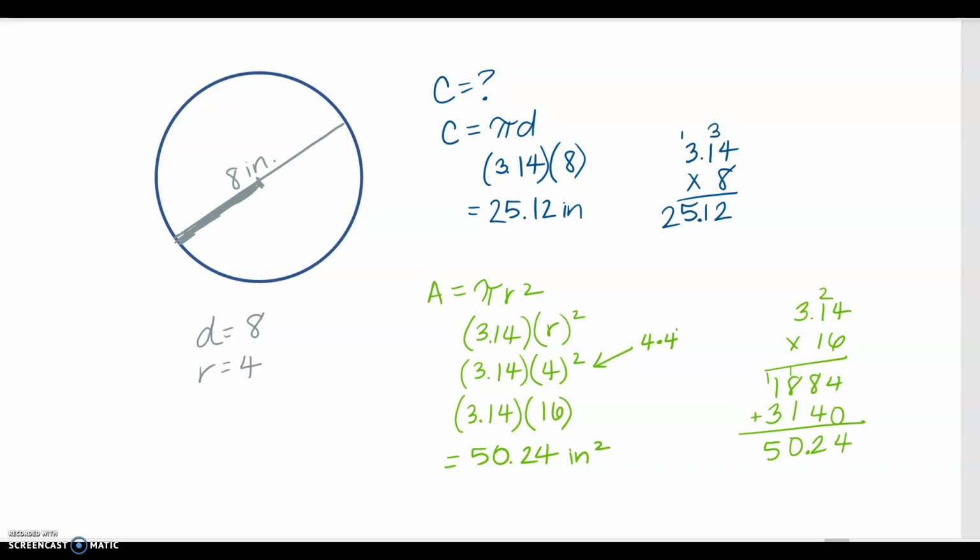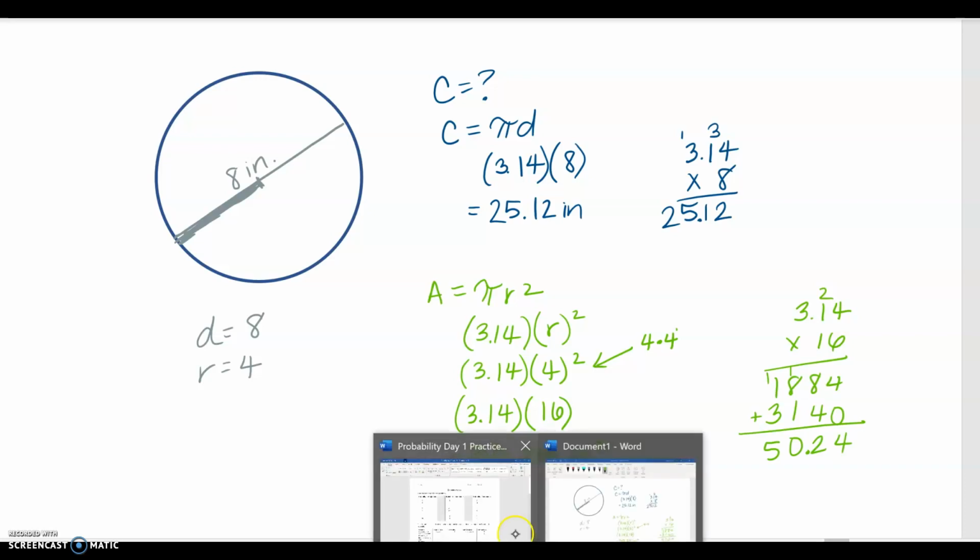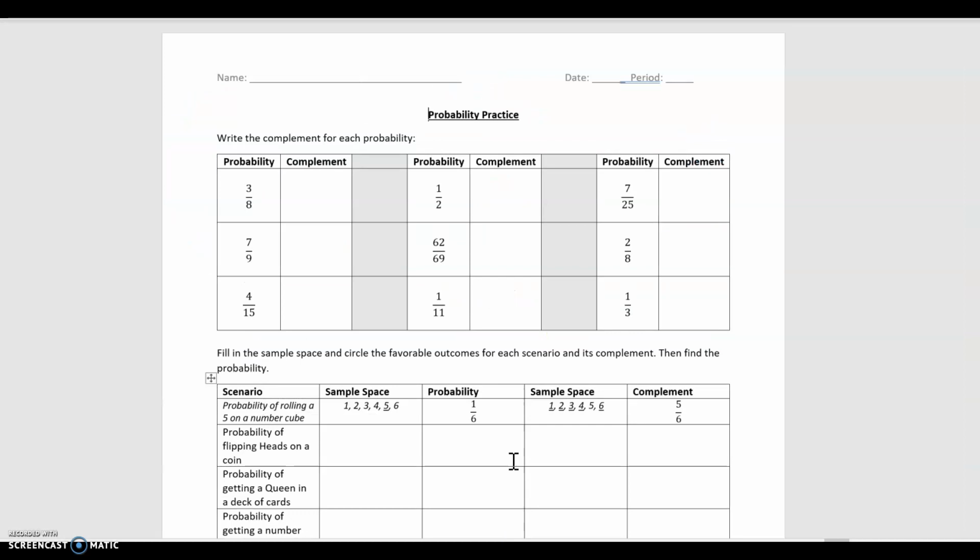Okay, so your first assignment today is going to be to do the circumference and area of circles practice on your own. You should be able to complete that before you leave today. If you get that finished before the end of class, then you're going to go and work on the back of your probability practice from yesterday, which looks like this.